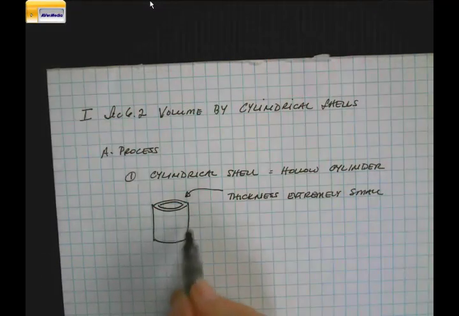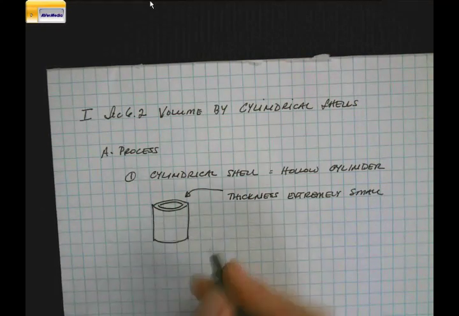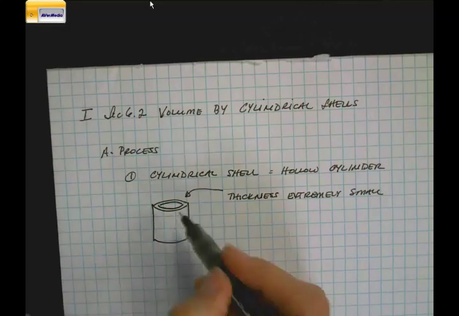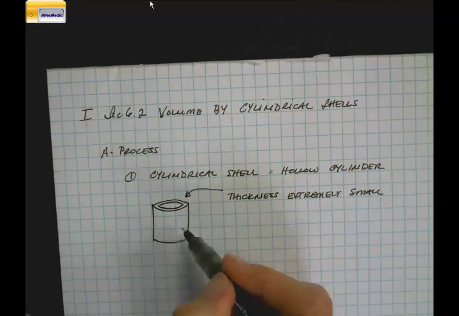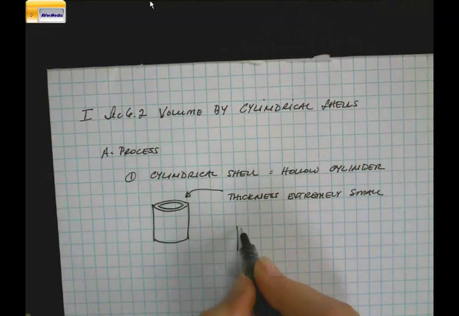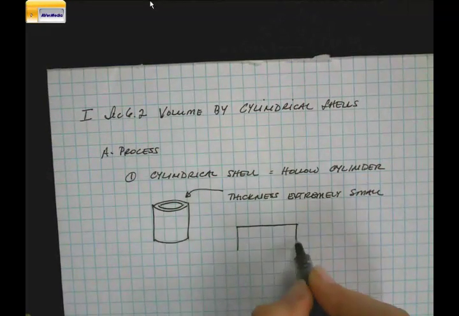So if we want to know the area or the volume that this cylinder holds, think about this. If I cut this, if it's hollow with no top or bottom, and you slice it down the side and open it up, it's going to be a rectangle.